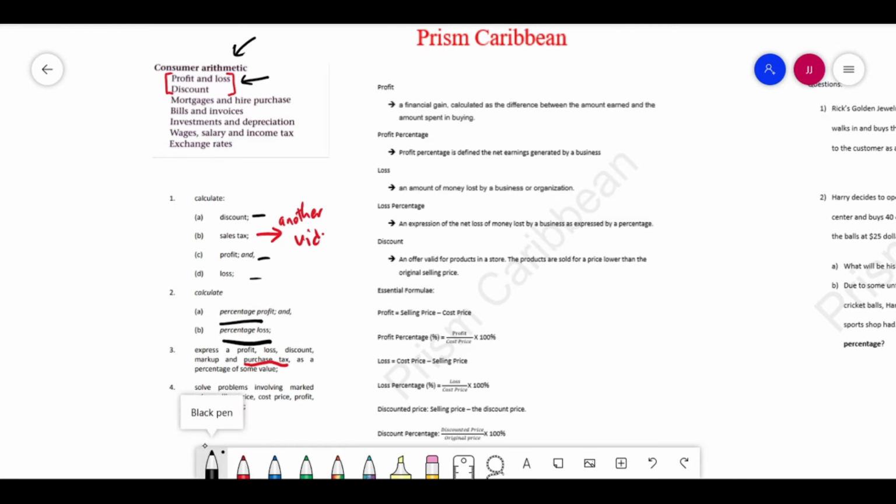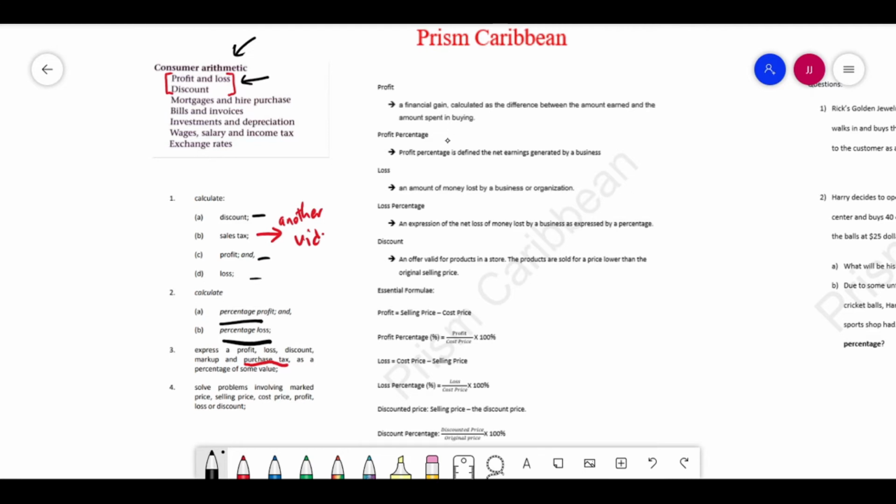You'll also need to solve problems involving marked price, selling price, cost price, profit, loss, or discount. So let's get into some basic definitions. Profit is defined as the financial gain calculated as the difference between the amount earned and the amount spent in buying.